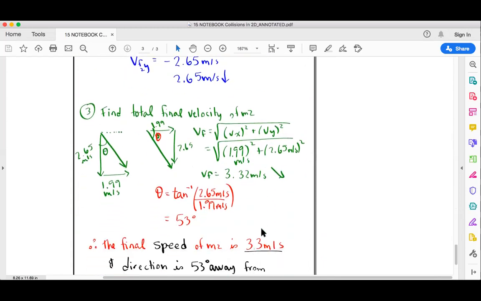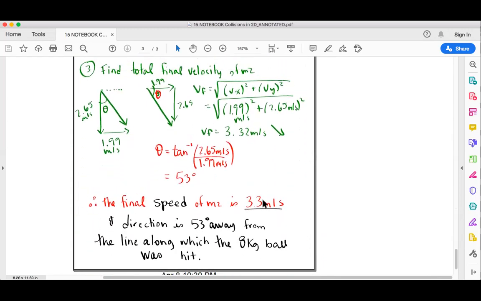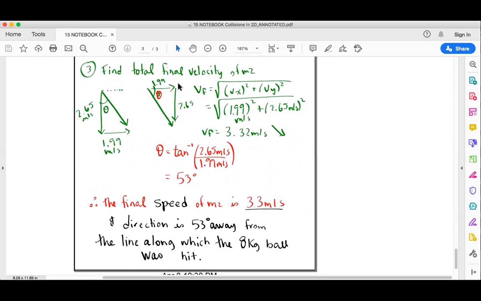So we get a negative component of the y. We put those together again. We've got 1.99, 2.65. Pythagorean theorem gives us the length of that total vector, final velocity, and then the angle. So the final speed is 3.3 meters per second, and the direction is 53 degrees away from the line along which the 8 kilogram ball was hit.